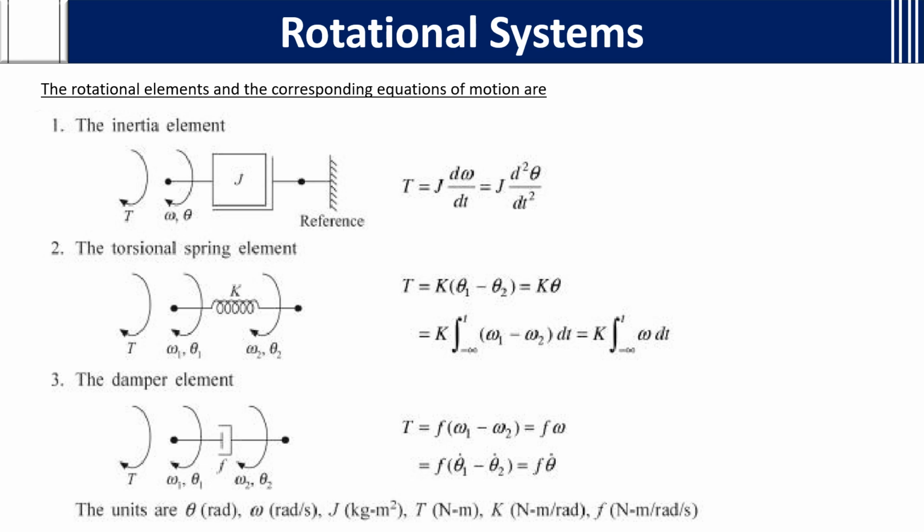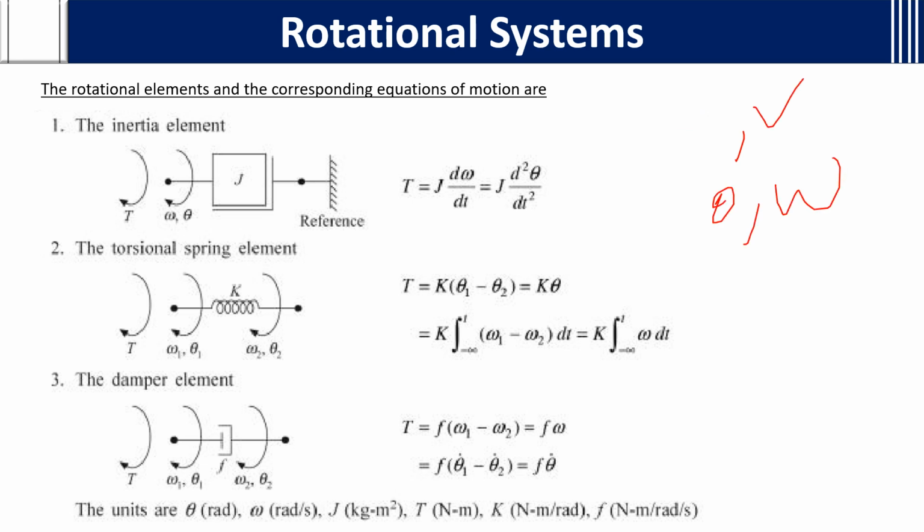Here we show the direction in terms of rotation. There it was just a linear, straight line, but here it is rotational, so we need to show that. T is torque, and theta and omega are angular displacement and angular velocity. There we represented the translational displacement x and velocity v; here we write theta and omega.